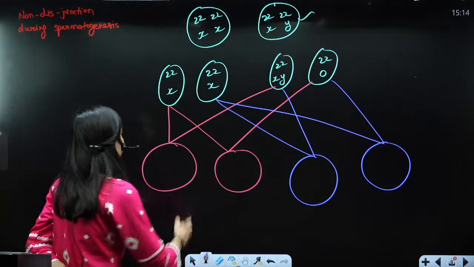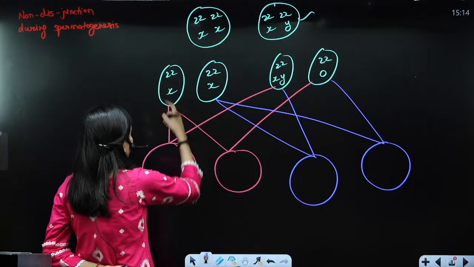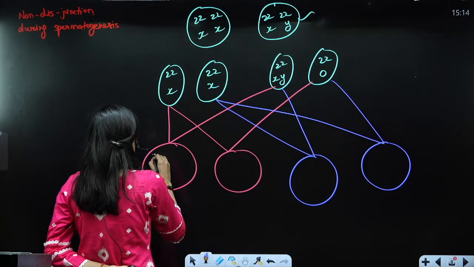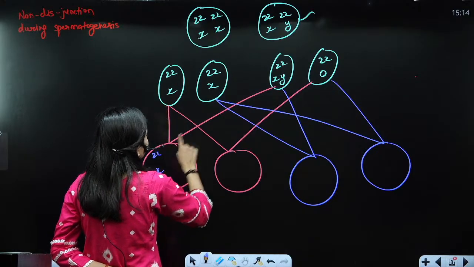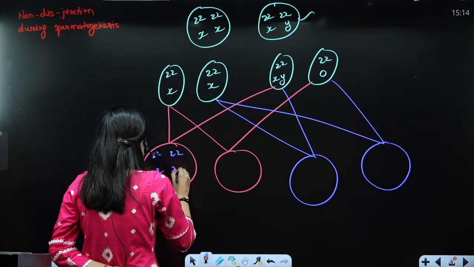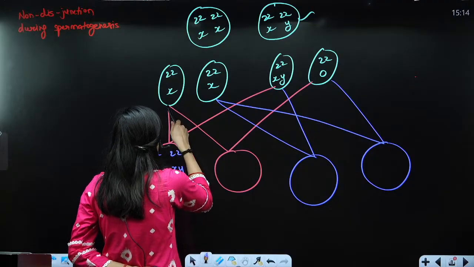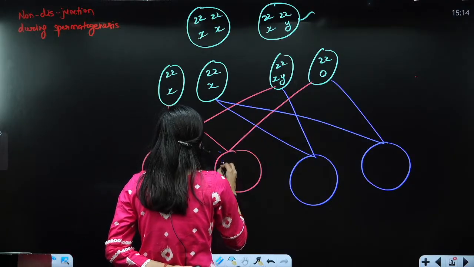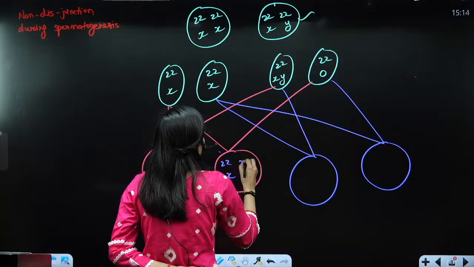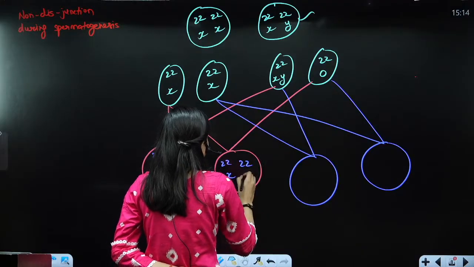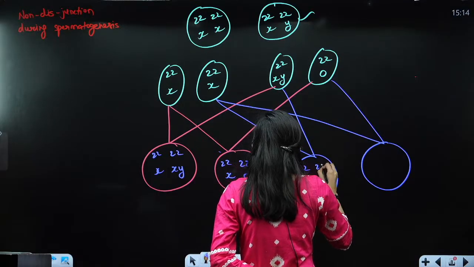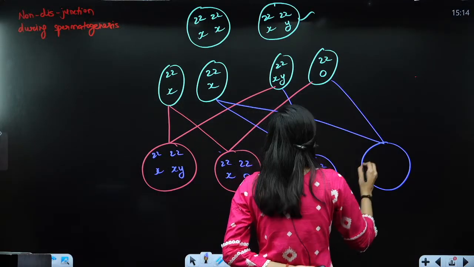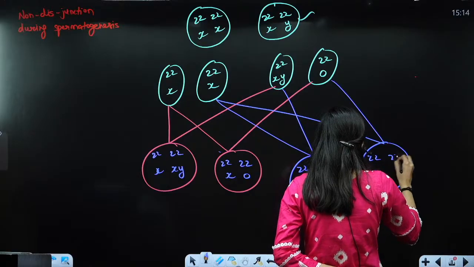Okay, now how is it being formed? 22x and 22xy. Then this one and this one. 22x and 22 0. Then again 22x and 22xy, and then 22x and 22 0.